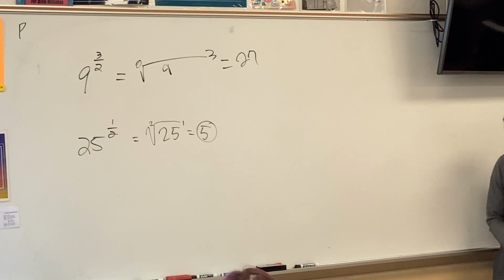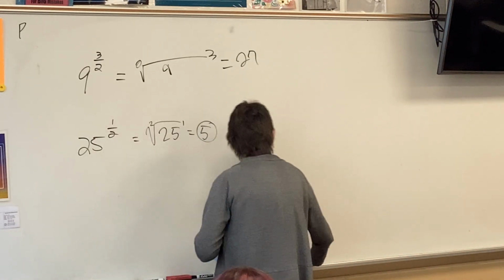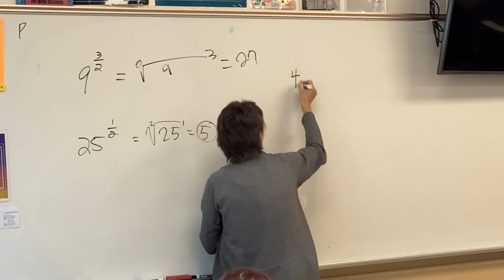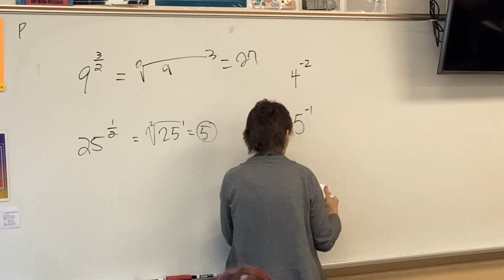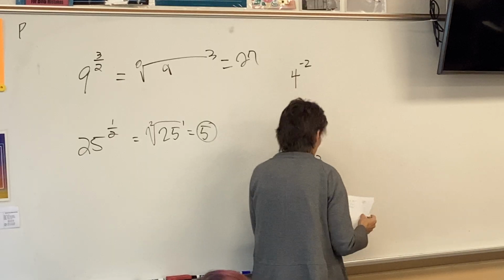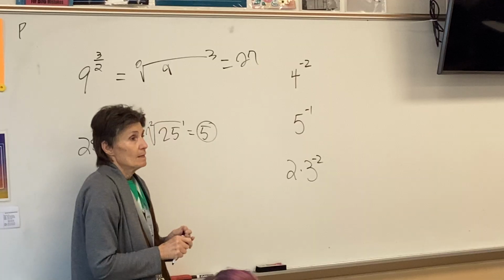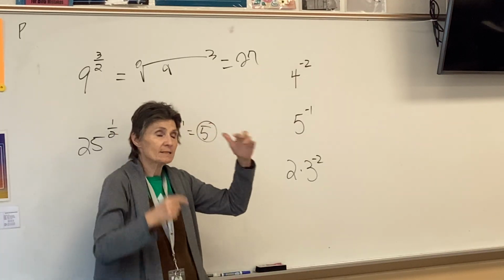All right, let's look at the next set. The next set isn't fractional exponents. The next set is negative exponents. So we've got to figure this out here, folks. So back up, clear our minds.